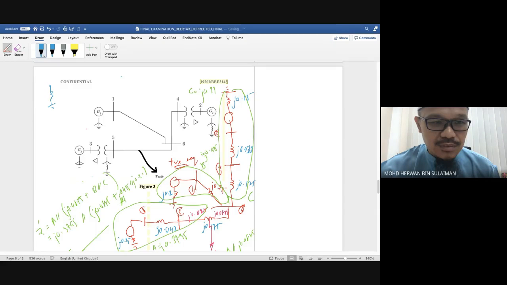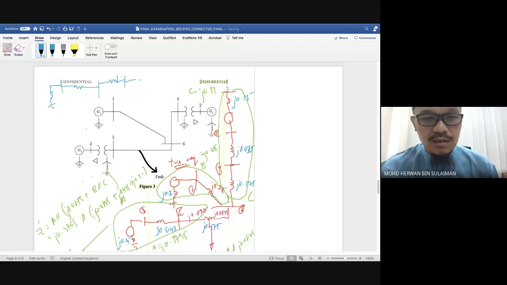Then bus 1, then the transmission line to bus 6, which branches with bus 4, and there is a Y-delta transformer.